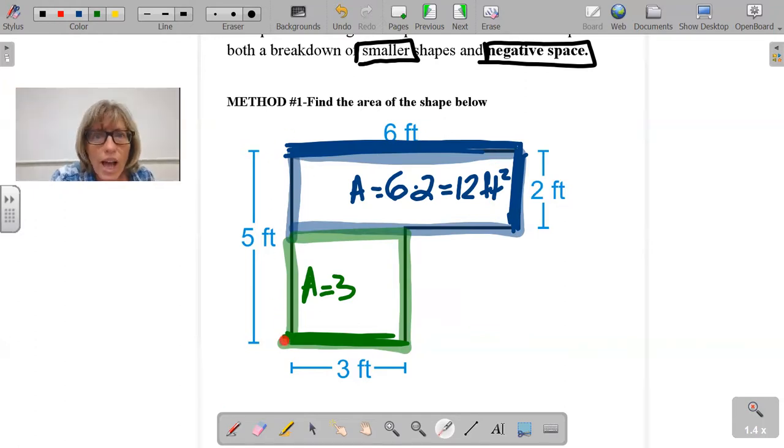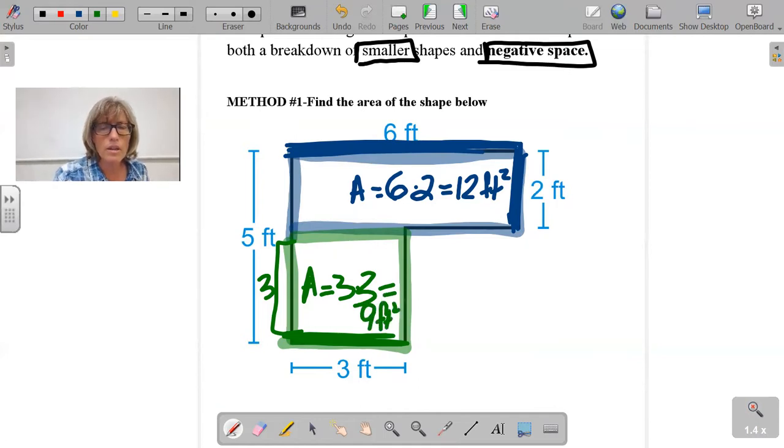That whole side is 5. Get your finger on the paper, friends, finger pinch. Whole side is 5. Then this little piece is 2. So now you should be able to feel that this piece, which is our width, is 5 minus 2, which is 3. So the area of this is 9 feet squared.